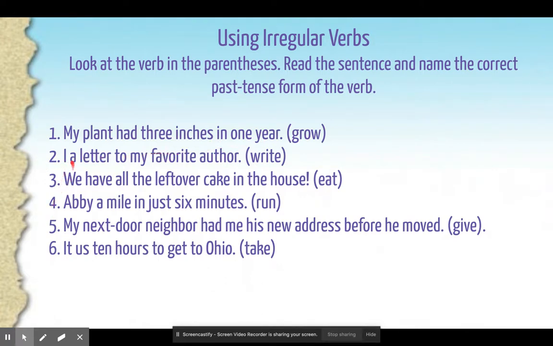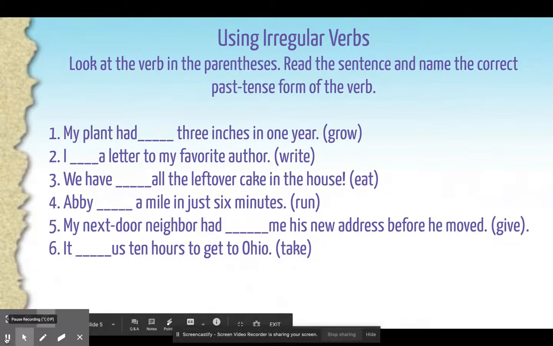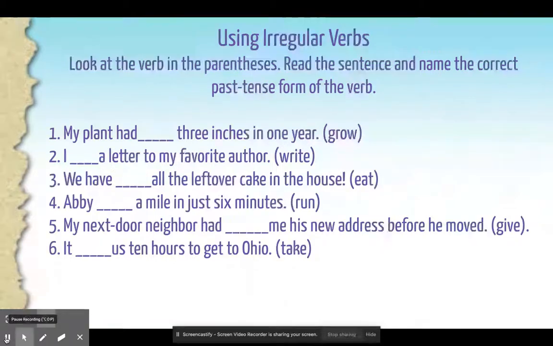We need to put in the word write, past tense, into this sentence. So number 2 says, I blank a letter to my favorite author. We want to show this in the past tense, so you should have said wrote. I wrote a letter to my favorite author.